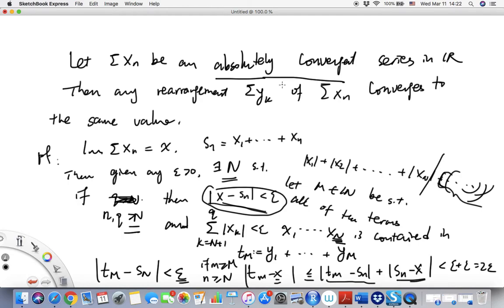But here is why we need this absolute convergence condition. If sum xn is not absolutely convergent, so if it's divergent, then obviously the sum of yn could also be divergent.